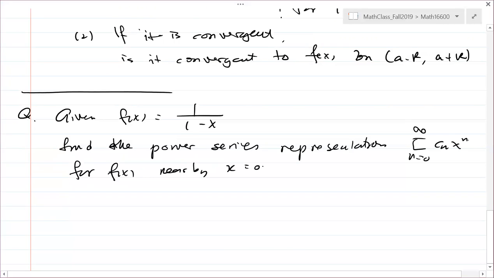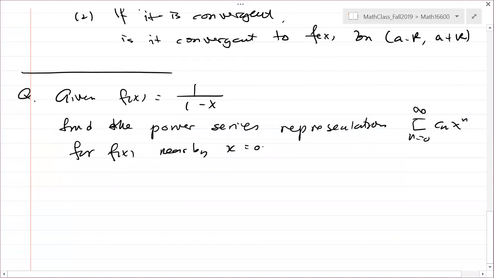According to the above series, supposedly we don't remember anything from before. So how do I find it? I have to compute.